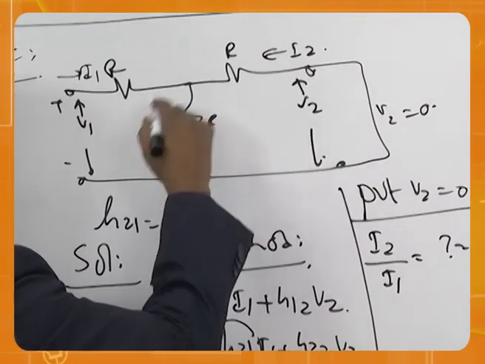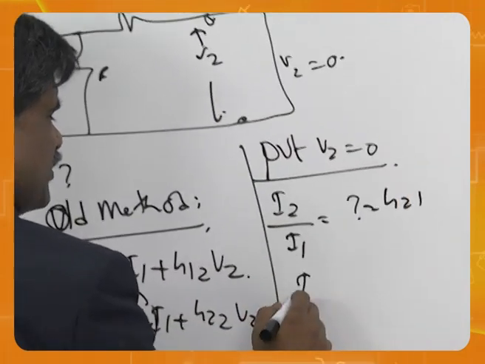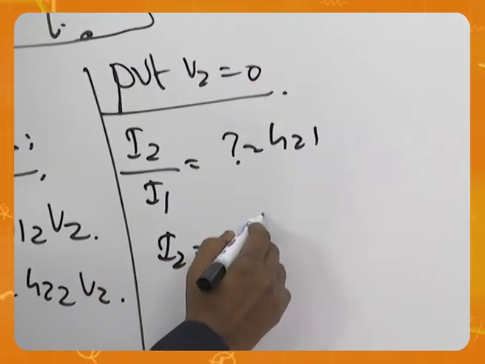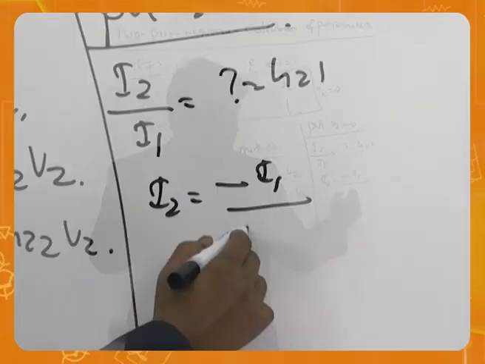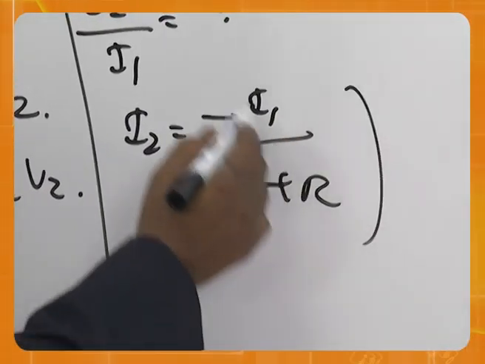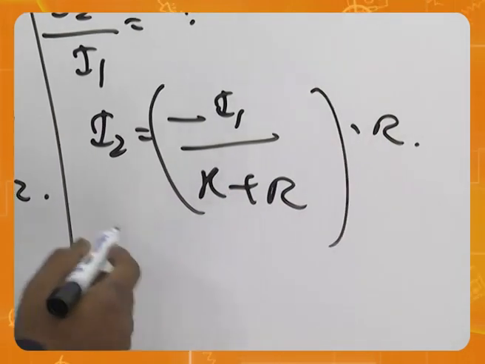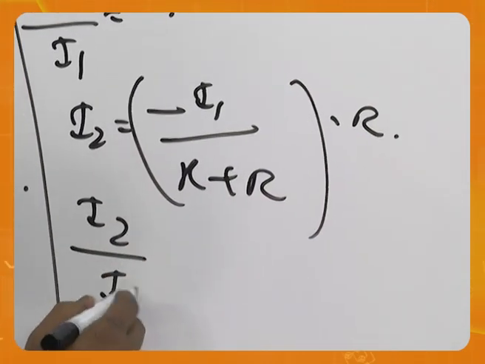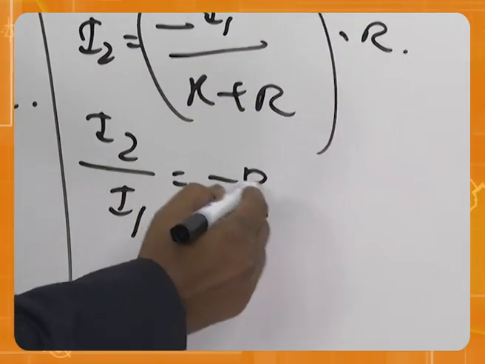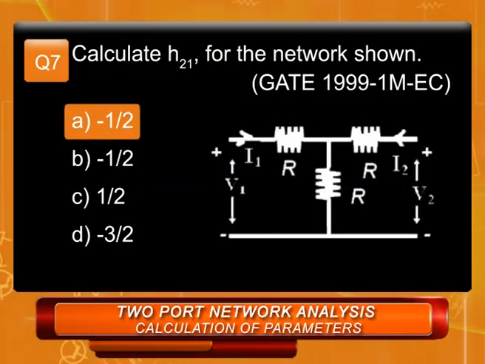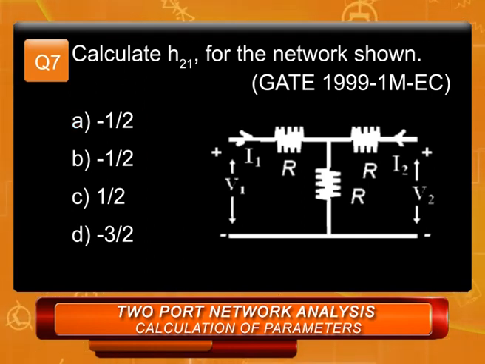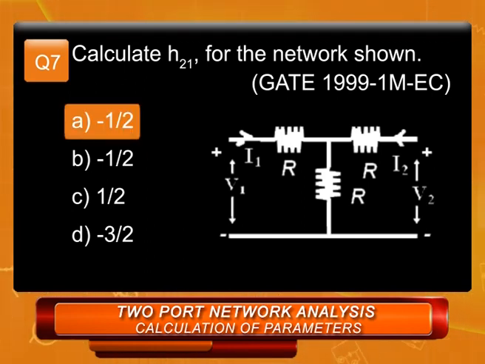Now it is like the current divider rule. So I2 is equal to minus I1 times the opposite resistance by the total resistance. So I2 by I1 is equal to minus R by 2R, minus half. That's why the answer is A. Our option is option A.